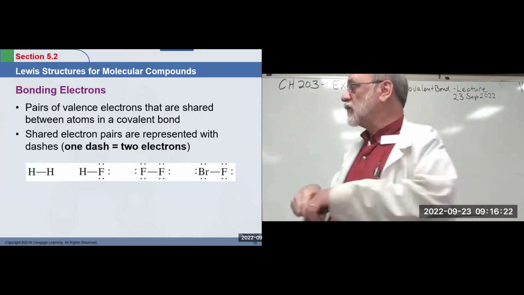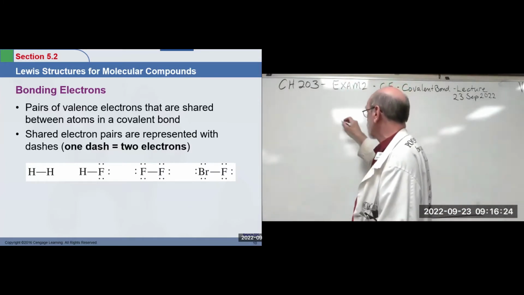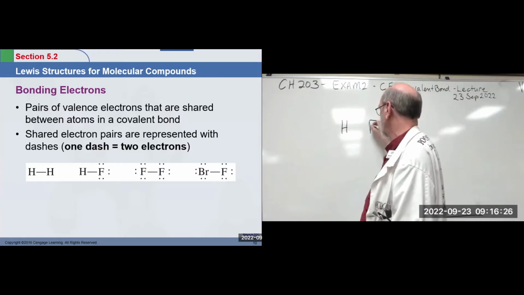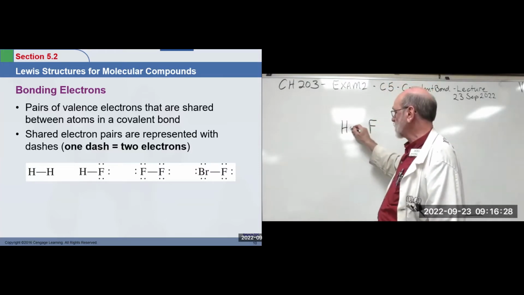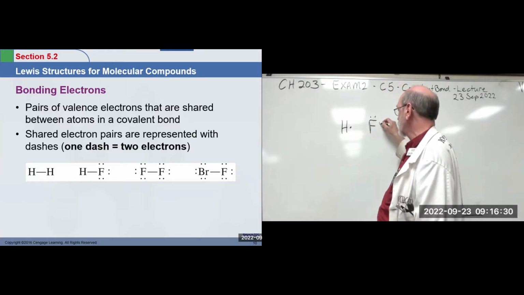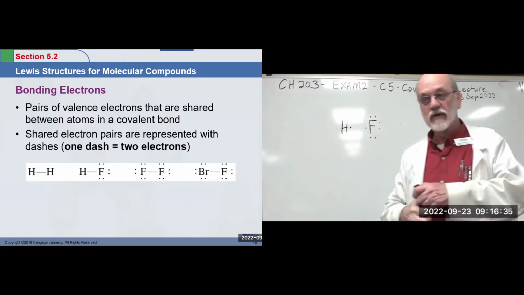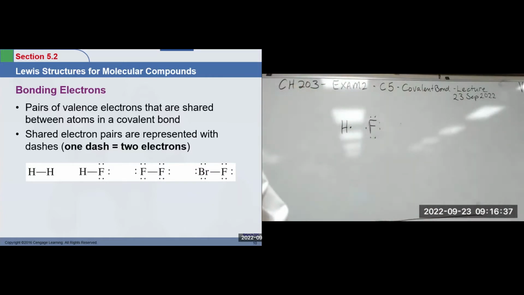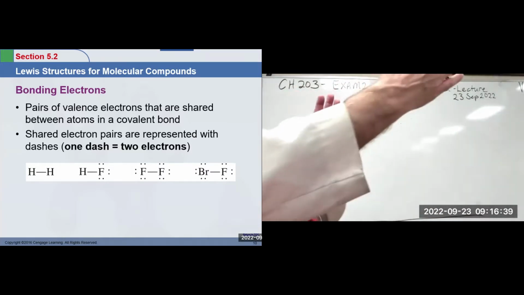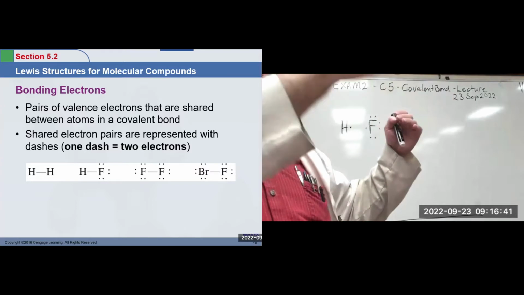But when you bond hydrogen and fluorine, if we draw, this one has 1 electron, fluorine has 7 electrons. Right? You look at your periodic table, it's from the left to the right, it's 7 groups over.